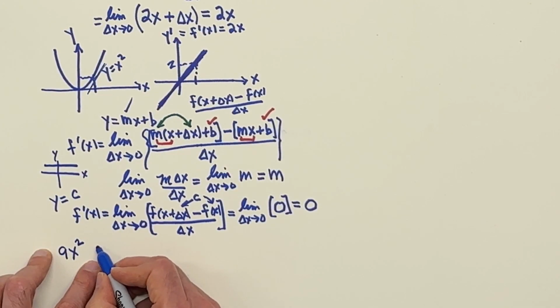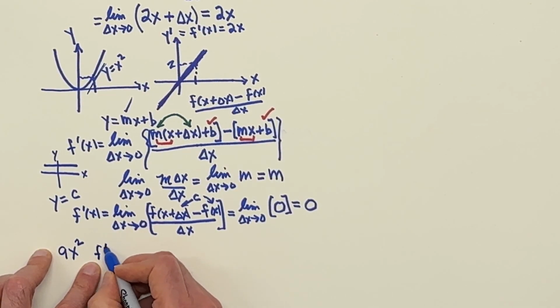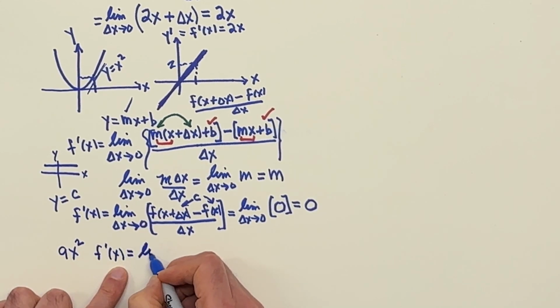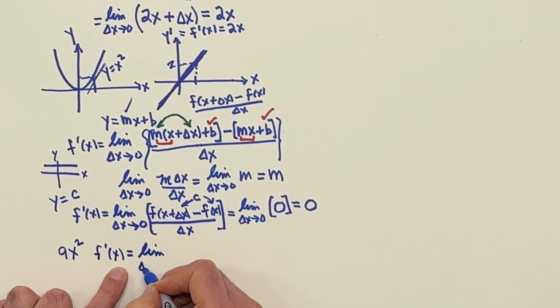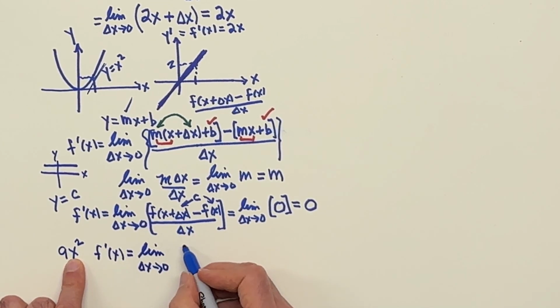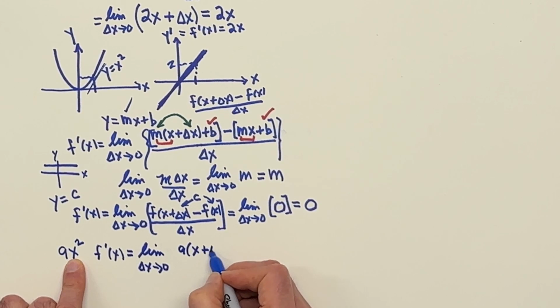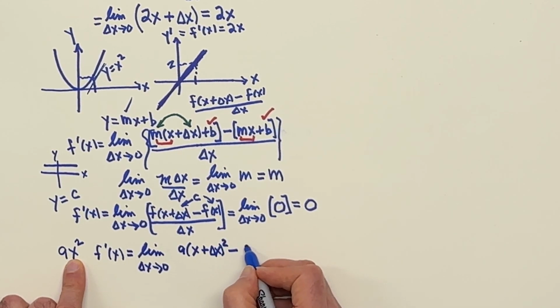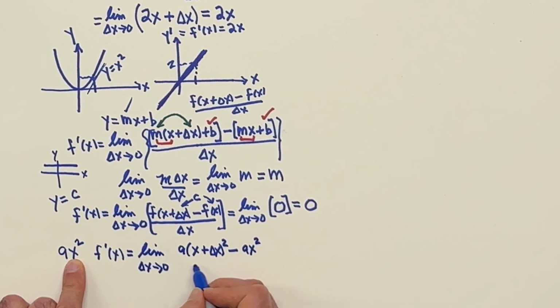So if we do that, we would have, for the derivative, the limit of delta x going to 0, and the function would be a times (x plus delta x) squared minus ax squared, over delta x.